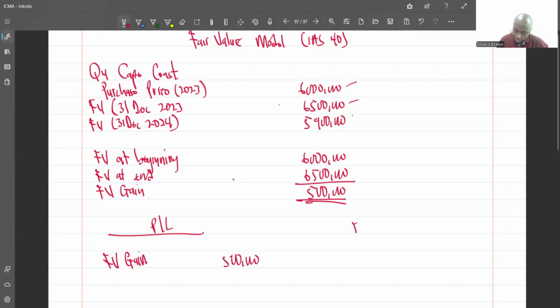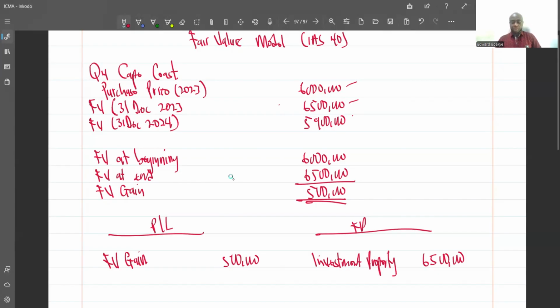500,000. But our financial position is going to have the investment property. Investment property of how much? 6.5. Let me write the investment property in full, to have an investment property of 6.5.